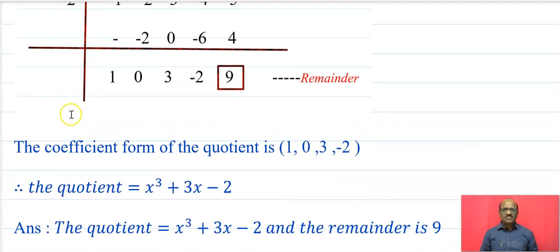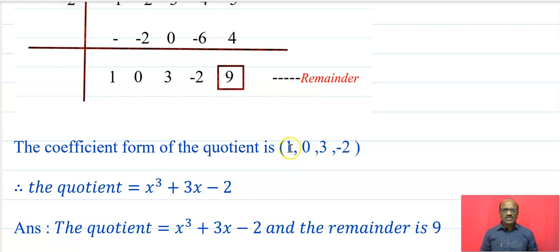Now see this, the coefficients of the quotient. What are the coefficients? 1, 0, 3, minus 2. What about the quotient? The coefficients are 4 in number, therefore the degree of the quotient is 4 minus 1, that is 3.